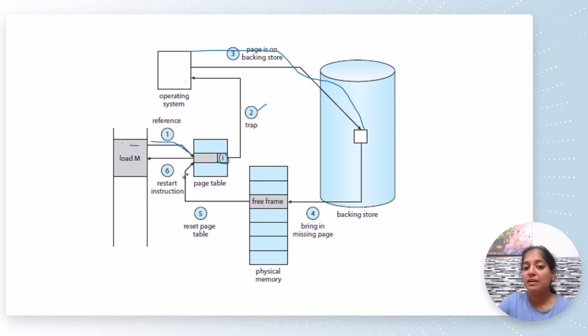Then it will reset the page table. Instead of this I, it will become V because the page is now in physical memory. So the invalid bit is set to the valid bit. We restart the instruction, and the next time we reference the page in the page table, it is a valid bit. That means the page is found in memory.